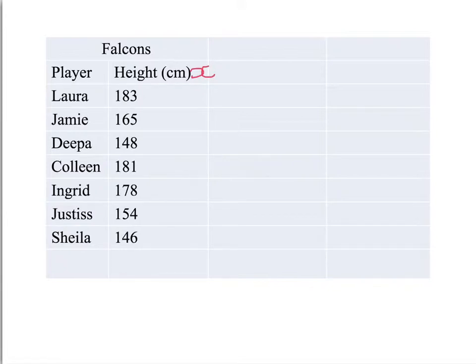When I add up all of the heights, I find that the sum of the heights is equal to 1,155. So we're going to find the mean, x bar, this is a sample of data, by taking the sum of x and dividing that by n.